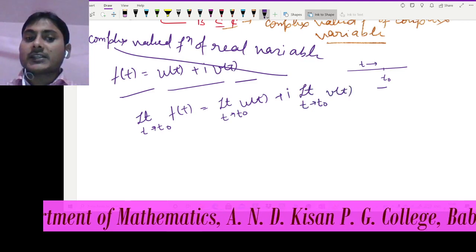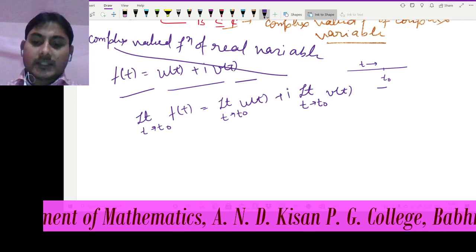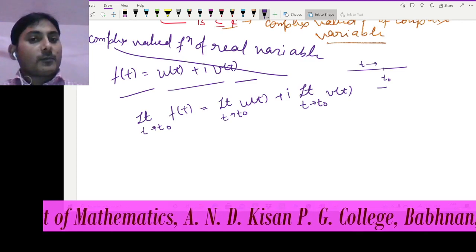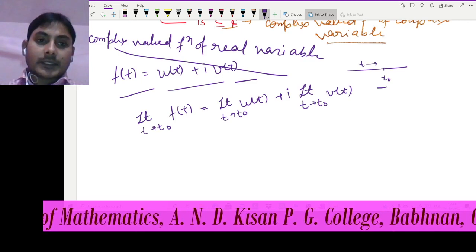So this is the definition of limit when the function is complex valued but of a real variable.